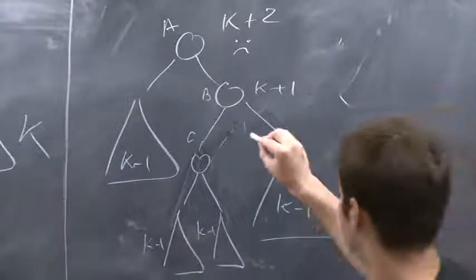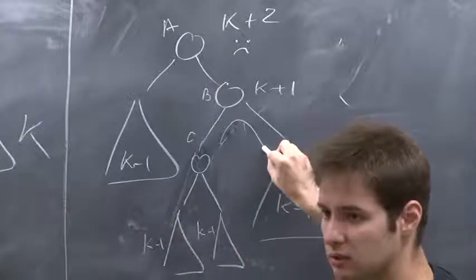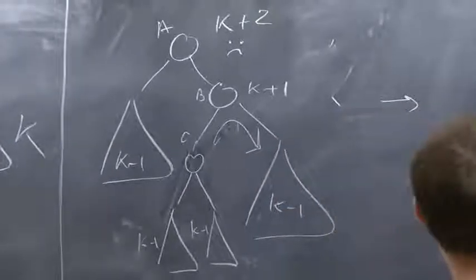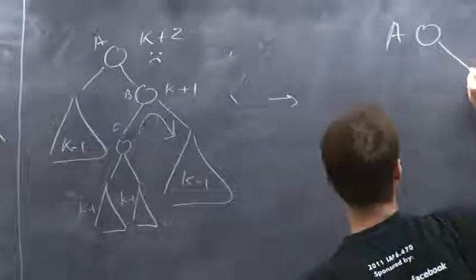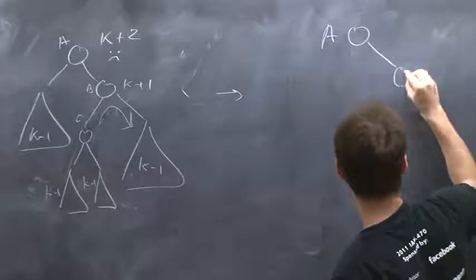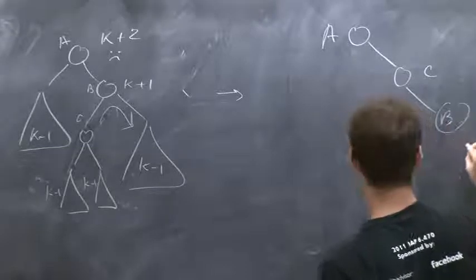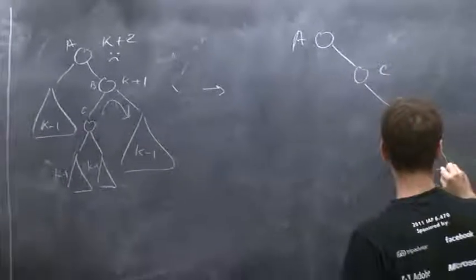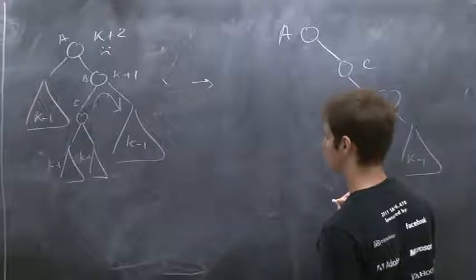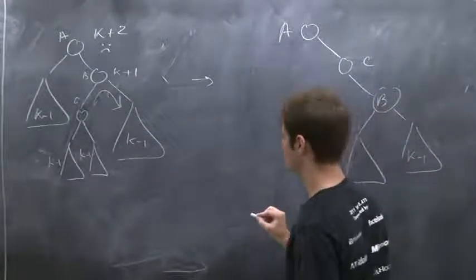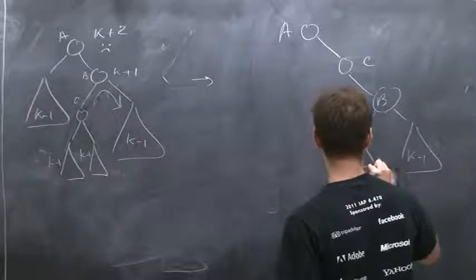So you're saying do a right rotation here, right? Let's see what that gets us to. So A is the same, and then here I'm going to have C instead of B, then B. The right child of B is the same as it was before. The left child of B is a K minus 1.